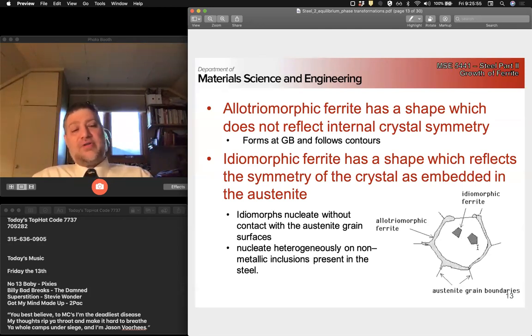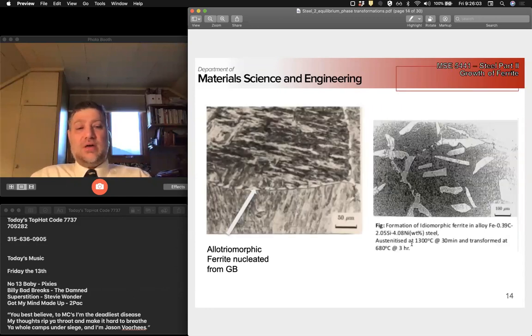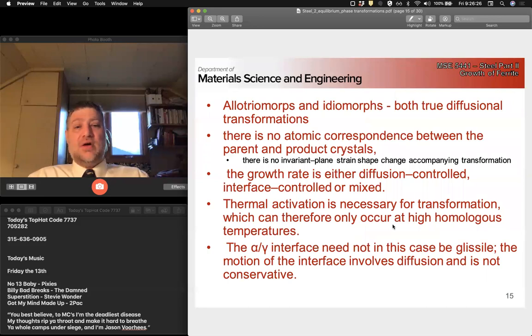So the cleaner the steel, the less idiomorphic ferrite you're going to form. And the allotriomorphic ferrite follows the grain boundary and doesn't have any well-defined shape or structure or facets, whereas idiomorphic, because it's growing into the crystal, will have a faceted structure that generally corresponds to the Kurdjumov-Sachs orientation relationship, right?